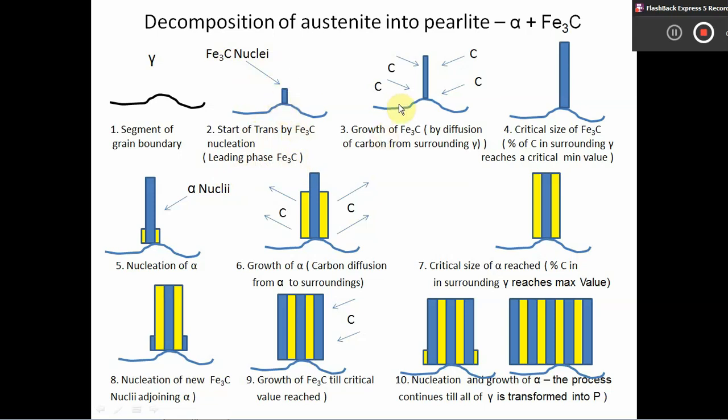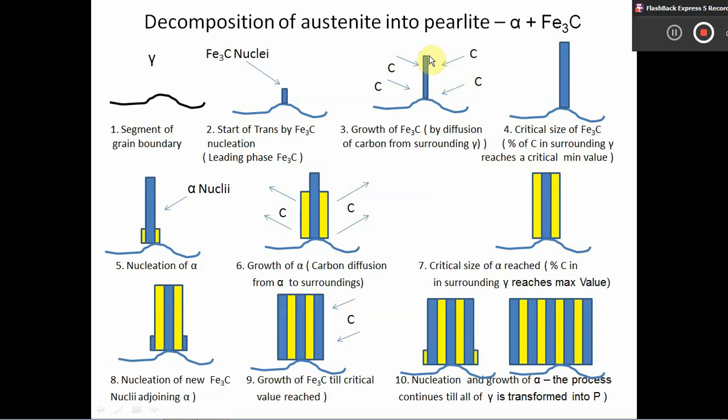Then as further time lapses and temperature slowly drops, because of diffusion of carbon from the surrounding austenite, the concentration of carbon in cementite goes on increasing. And as we are aware, cementite contains a maximum of 6.67% carbon, and austenite contains a maximum of 2% carbon.